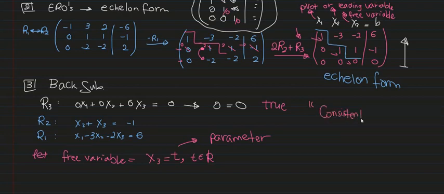Consistent in Arabic is متماسك, or it means that it has a solution, either infinite or unique. So it has a solution. We have to work around the situation and get a solution. This is why we are assuming another equation, and let's write the solution with respect to this equation.